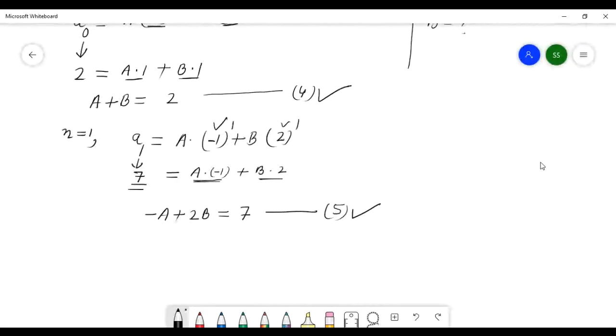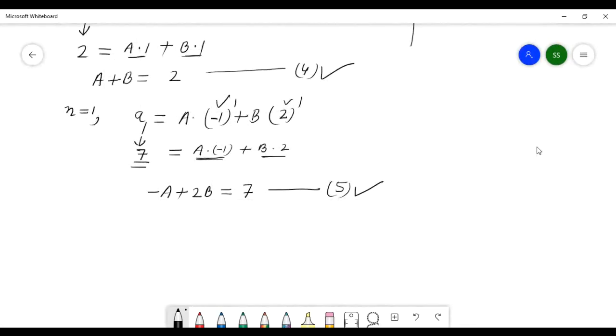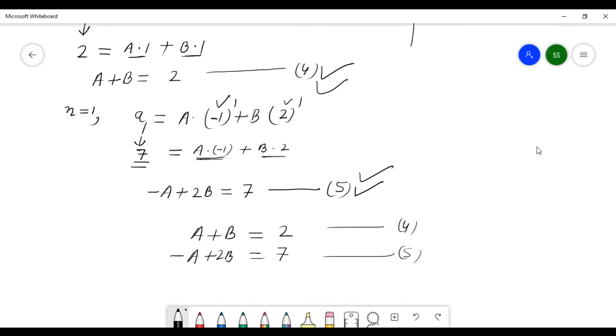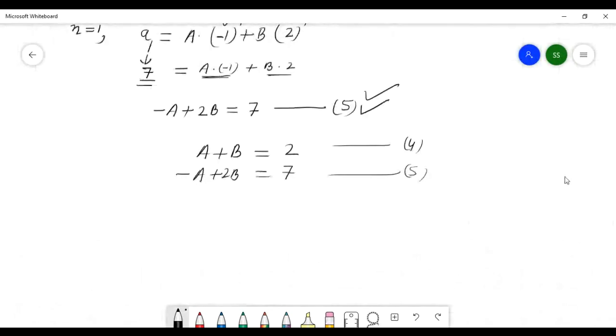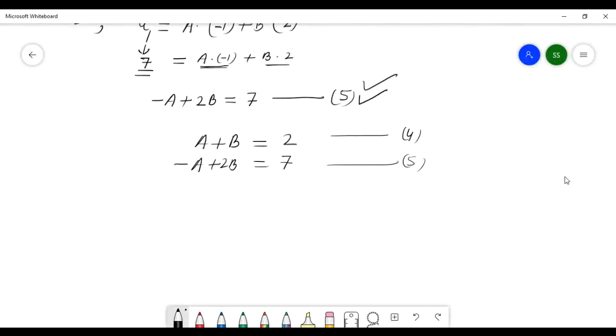Now solve these equations. See this equation 4 is A plus B equal to 2, and this equation 5 is minus A plus 2B equal to 7. Okay.